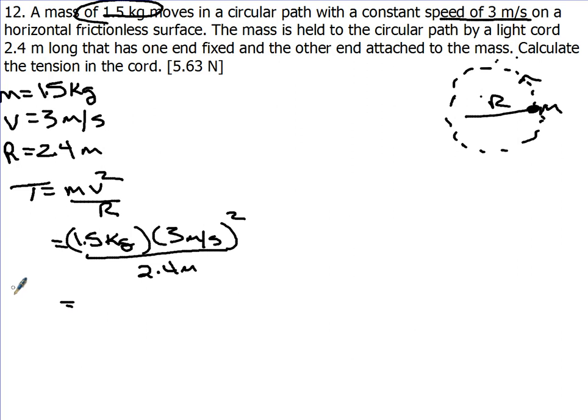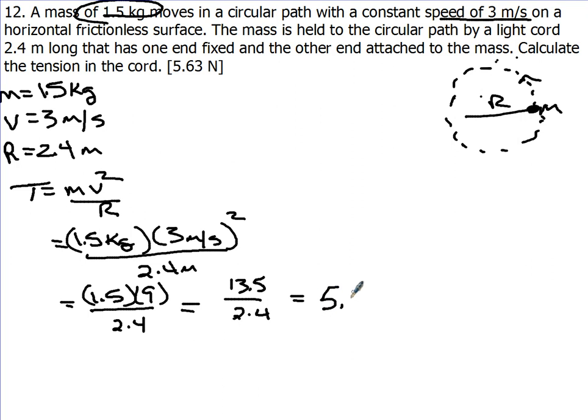Now, 3 squared is 9, so we're just going to go on and do these steps. 1.5 times 9 is 13.5, divided by 2.4. Now 13.5 divided by 2.4 is 5.63 newtons. You do not have to show me these intermediate steps. You can go straight from here to here, but be careful with your calculator.